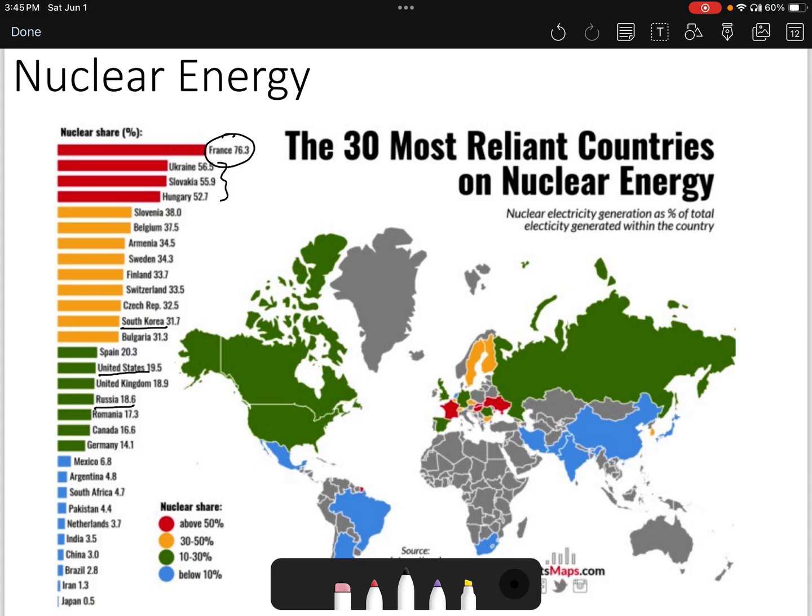Russia's also pretty low down on the list here, Canada. And then you can see Japan doesn't really use a lot of nuclear energy, but we'll talk about one of its nuclear reactors in a second. So just kind of interesting how different countries utilize nuclear energy or not.